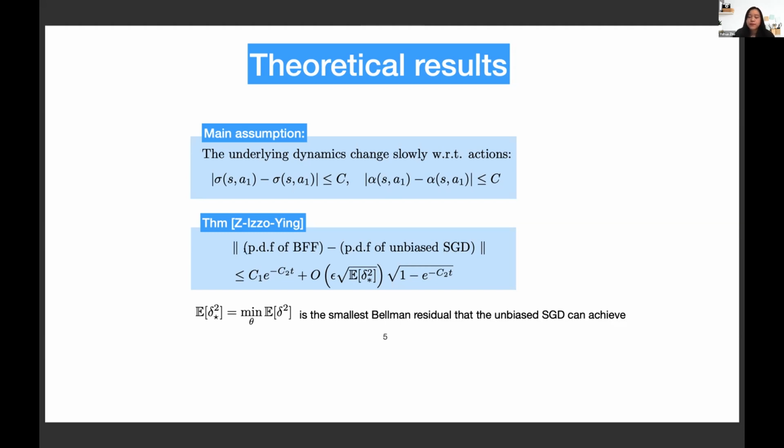Under this assumption, we can prove the difference between the probability density function of our new method and the unbiased SGD. They exponentially decay in time and finally stabilize at an error of order epsilon times this term. This term is the smallest Bellman residual that unbiased SGD can achieve. So this is all for my talk. Thank you.